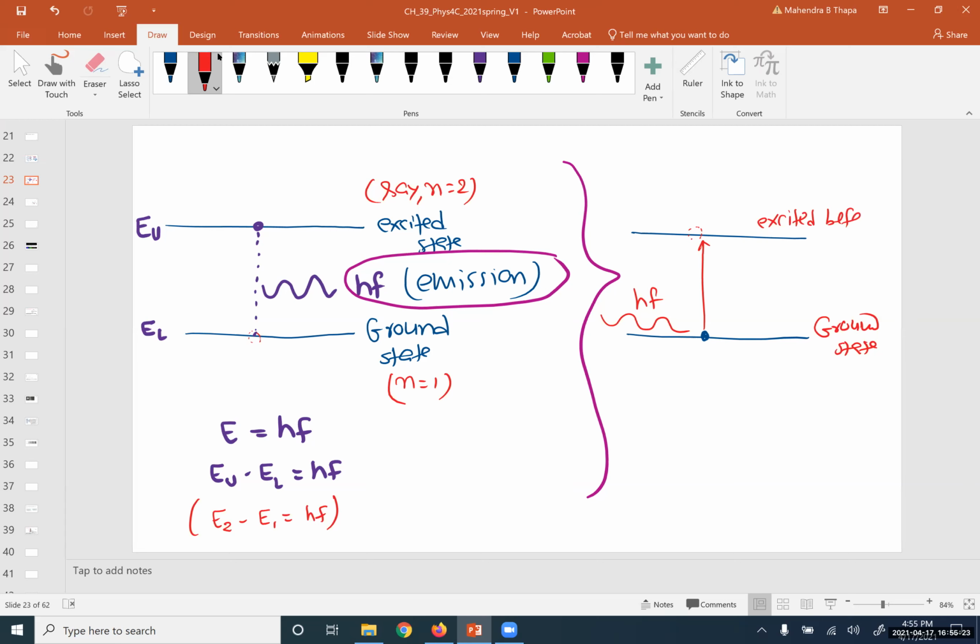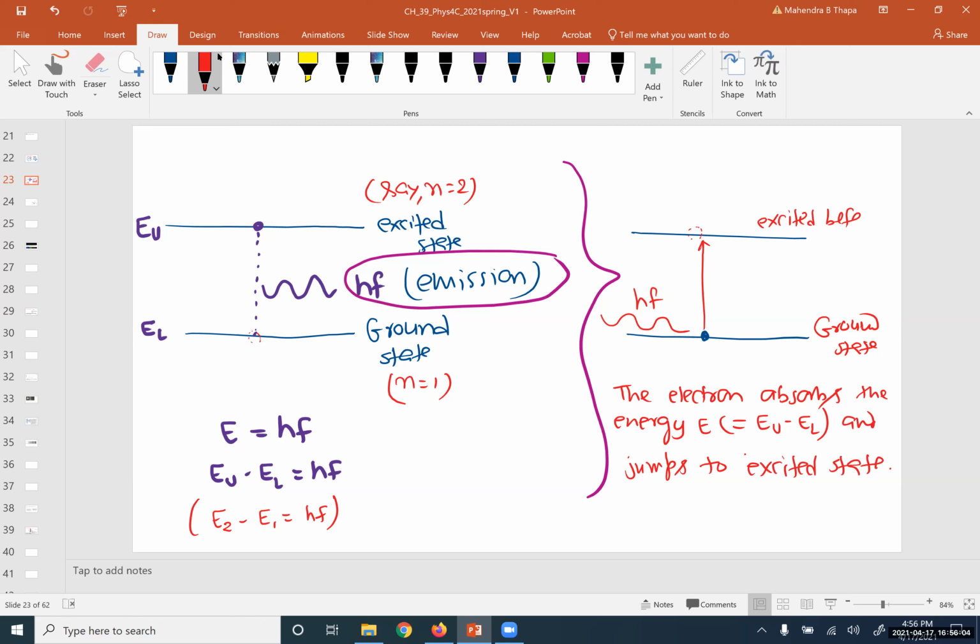The only difference is that here the electron absorbs the energy E, which is equal to E_U minus E_lower, and jumps to the excited state.